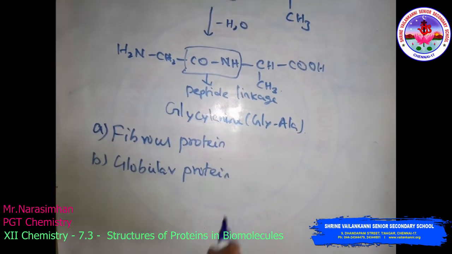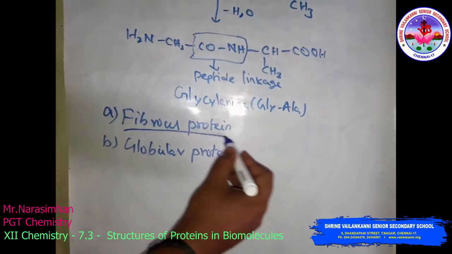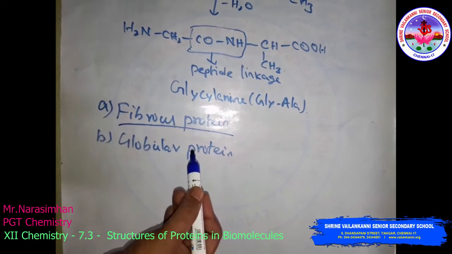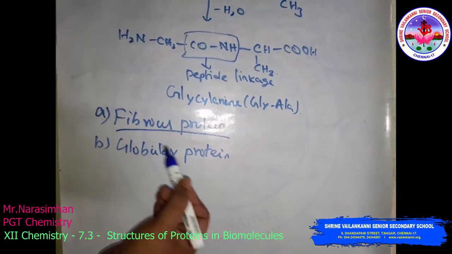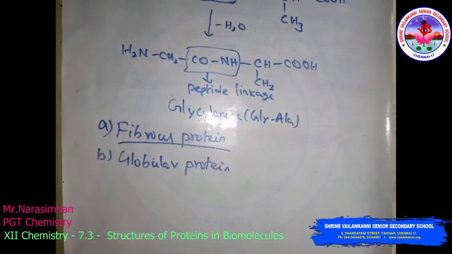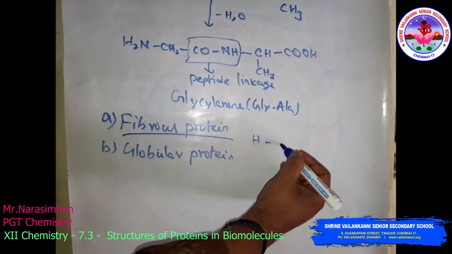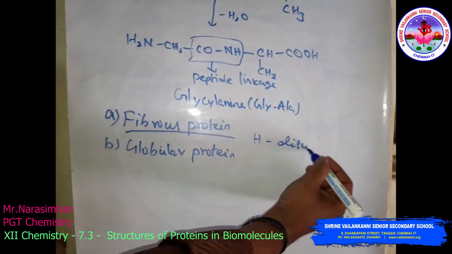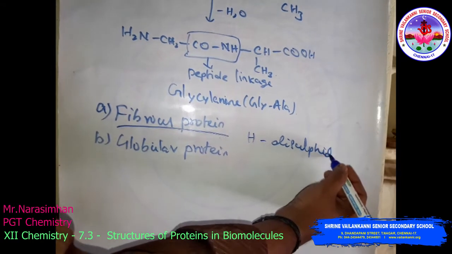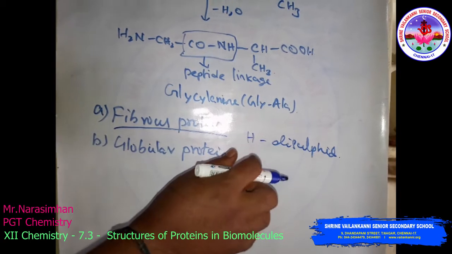The first is fibrous protein. The polypeptide chains run parallel and are held together by hydrogen and disulfide bonds. Then the fiber-like structure is formed.